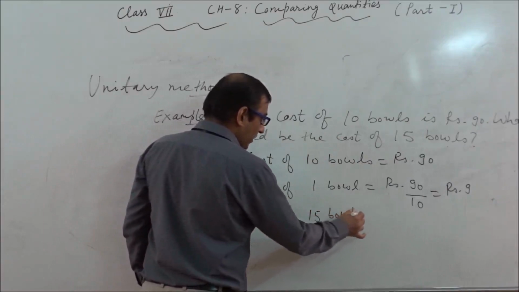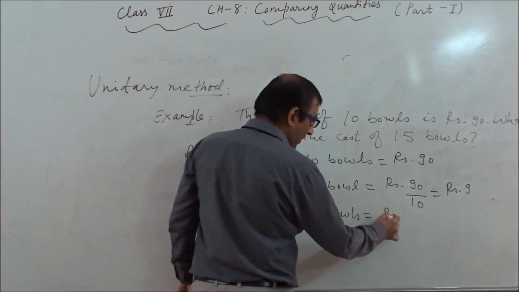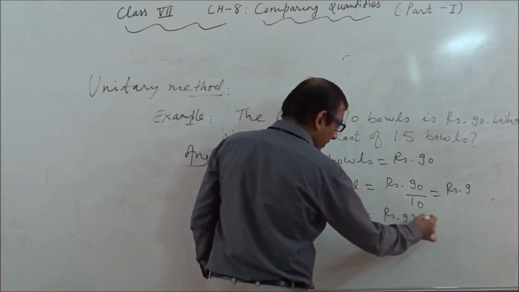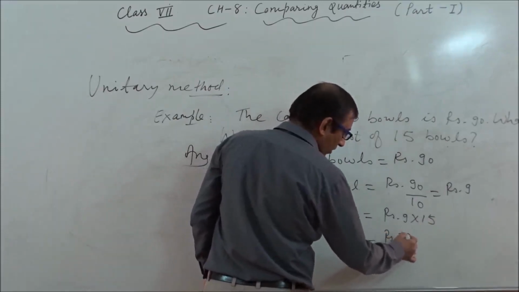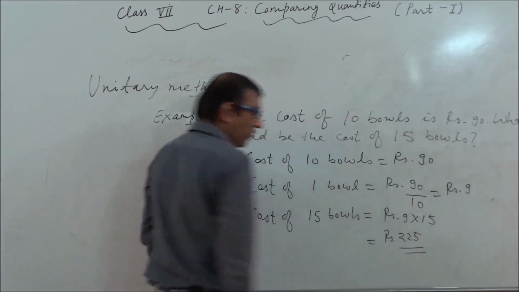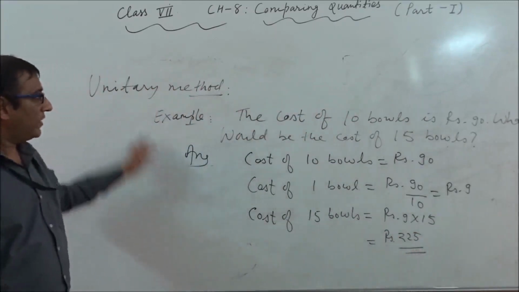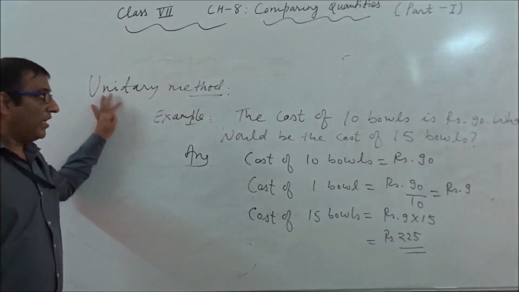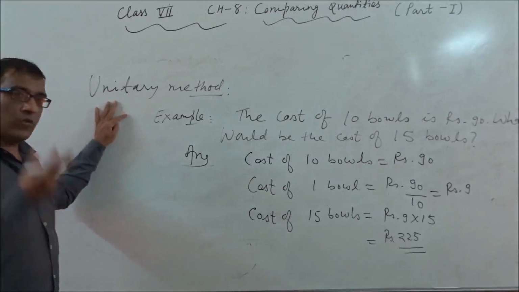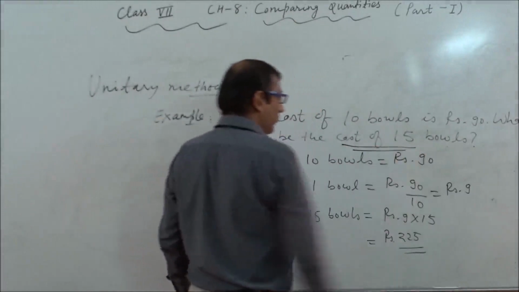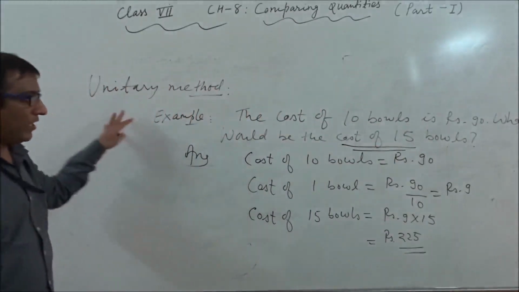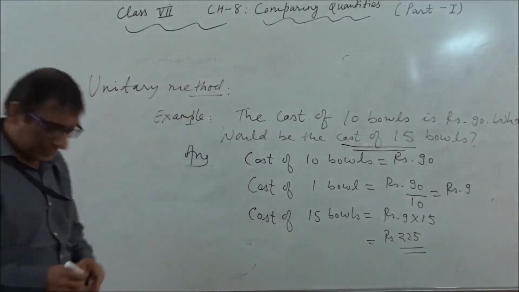It can be done as rupees 9 into 15, and when we multiply rupees 9 with 15, it becomes rupees 225. So this is the way of solving the question with the unitary method. First we calculate the cost of 1 unit, and after that we calculate the cost of the required units.